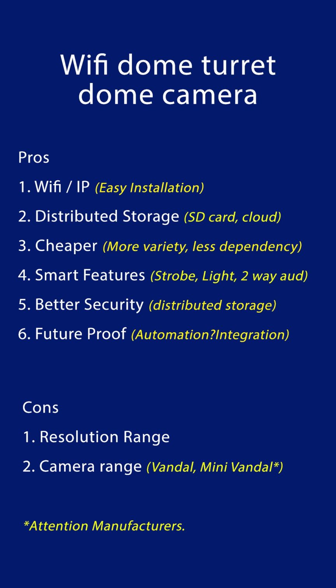And I think if you're a manufacturer in the Wi-Fi IP domain, you could be appealing to a much wider audience, for example, by increasing some of the features that traditionally appear in professional cameras, putting them into these Wi-Fi cameras. Anyway, I hope you all enjoyed that.